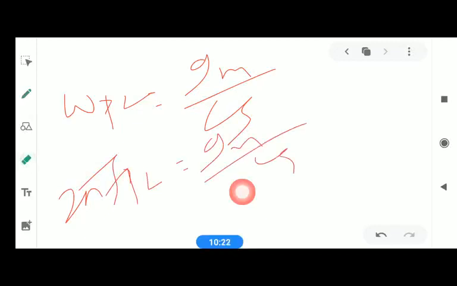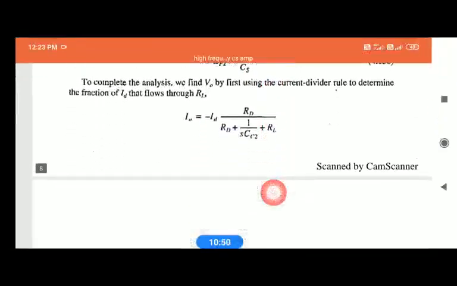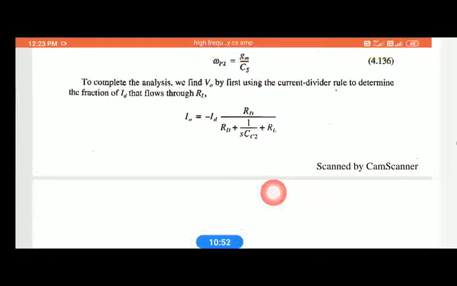Taking the 2 pi to the other side, fp2 is equal to Gm divided by 2 pi into Cs. Understand? So this is the cutoff frequency due to Cs.